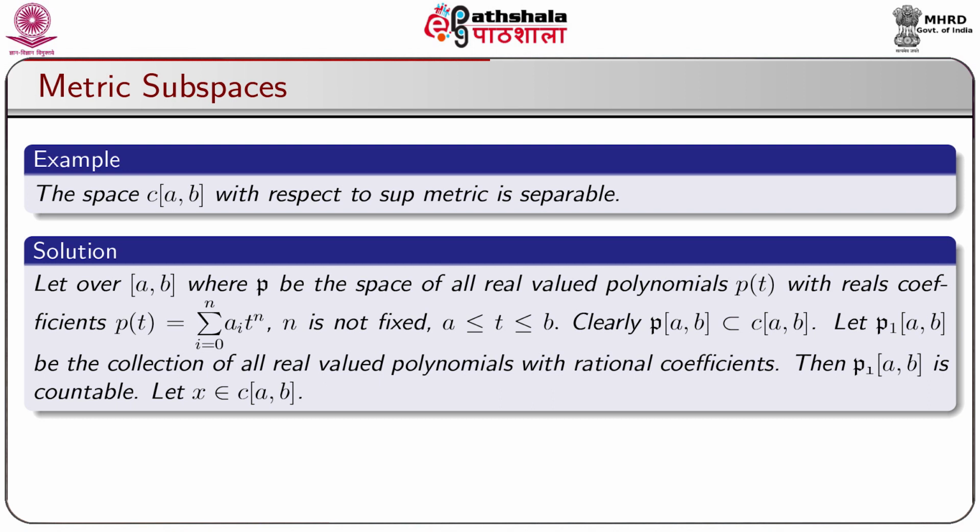Clearly, P[a,b] is a subset of C[a,b], because polynomials over the closed interval [a, b] are continuous functions. Let P1[a,b] be the collection of all real valued polynomials with rational coefficients. Then P1[a,b] is countable.